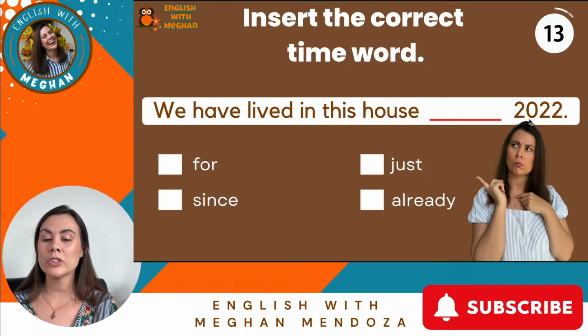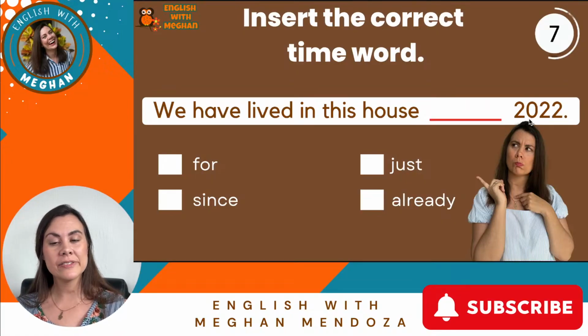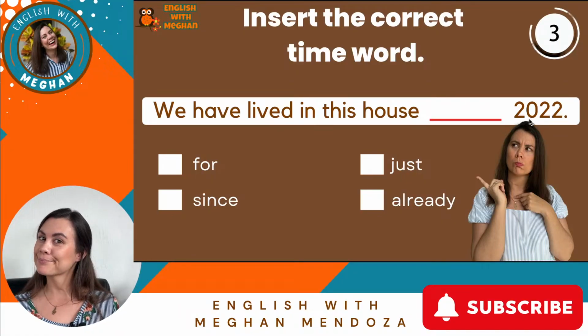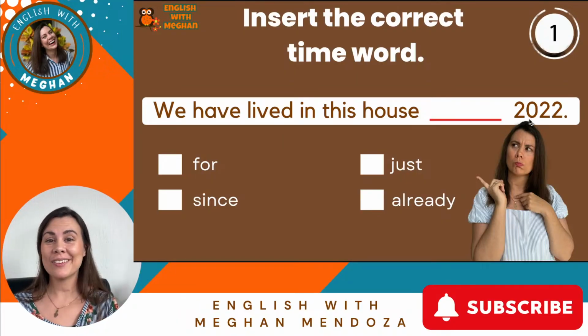Okay. And I want you to give your answer, but you need to know why. So we have lived in this house. How do we say it? Say it out loud. I want you speaking, okay? Even though I can't hear you, I want you to be speaking always. Speak, speak, speak, okay?